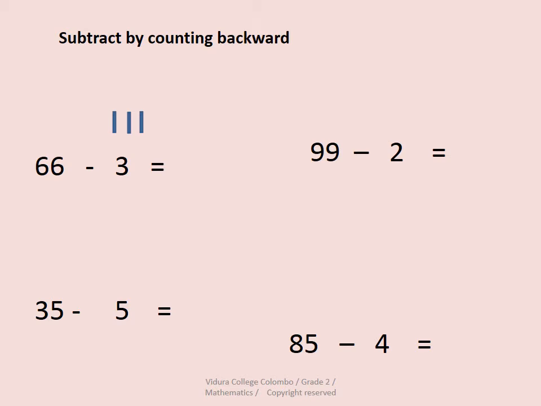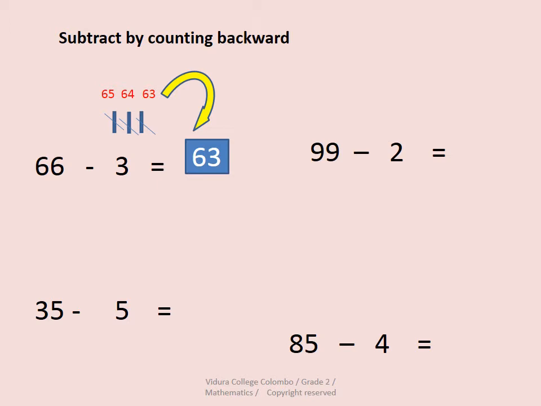We are counting the numbers before 66. 65, 64 and 63. So the answer 66 minus 3 is 63.